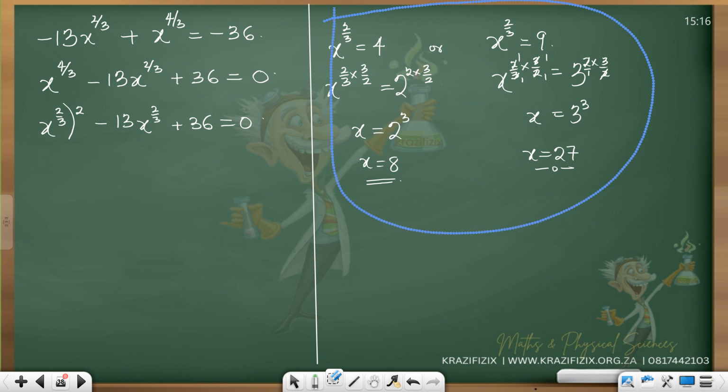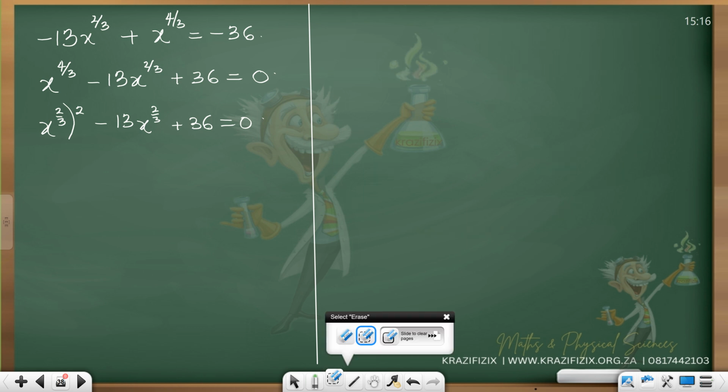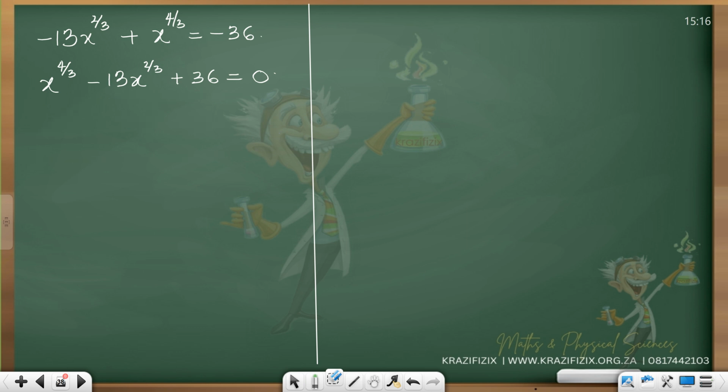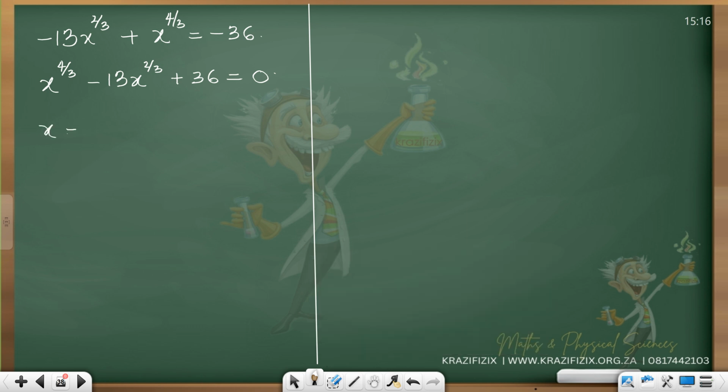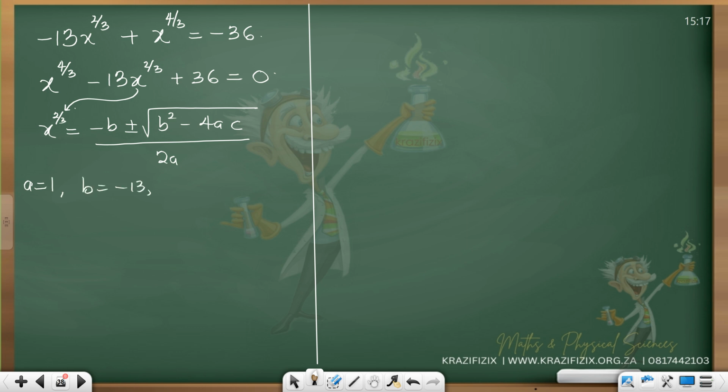I could also come here and say x equals minus b. Please watch this carefully. But now, I won't say x. It is x to the power 2 over 3. This is what goes in there. Since I have identified it as a trinomial, my a is 1, my b is negative 13.